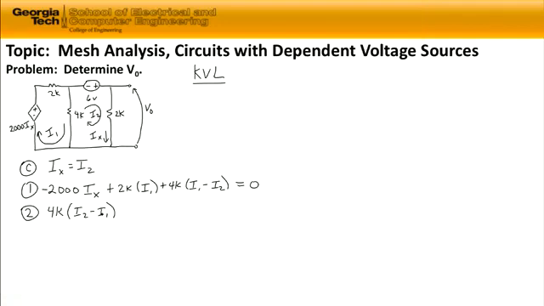And keep in mind that 4K times (I2 minus I1) is equal to minus 4K times (I1 minus I2), where this 4K times (I1 minus I2) was a voltage drop that we assigned from our first loop across that.